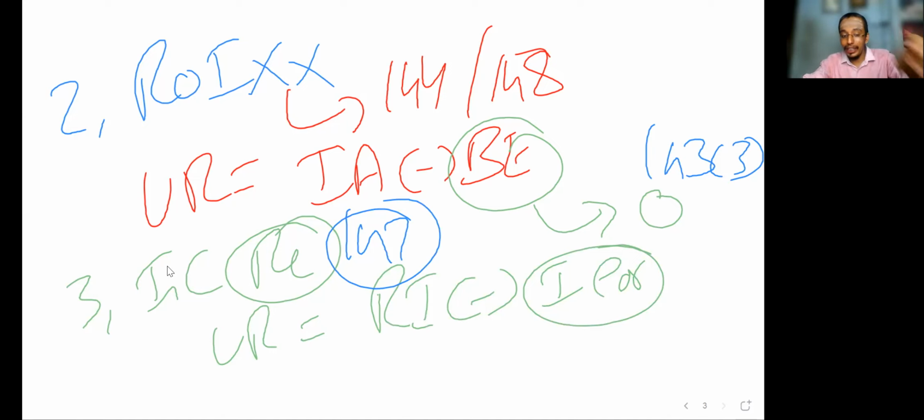Take whatever income is assessed as per 147 minus whatever has been assessed under section 143(3).